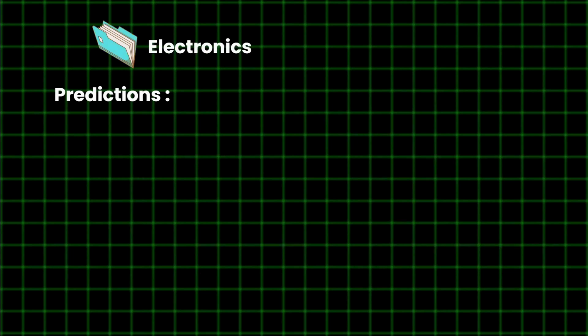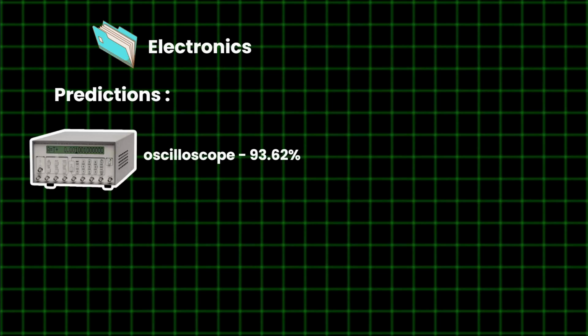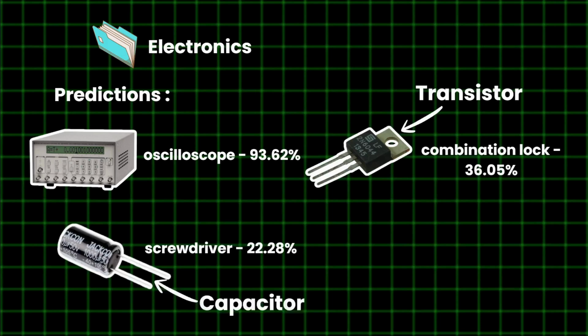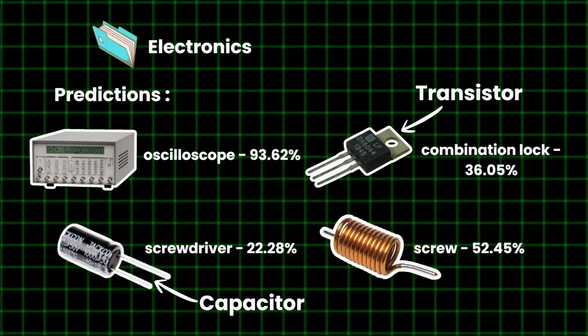And here for the electronics, you will see that it didn't predict all the components well. For the oscilloscope, it got 93%. Here, this is a transistor, and it predicted a combination lock. This is a capacitor, and it detected a screwdriver for 22%.